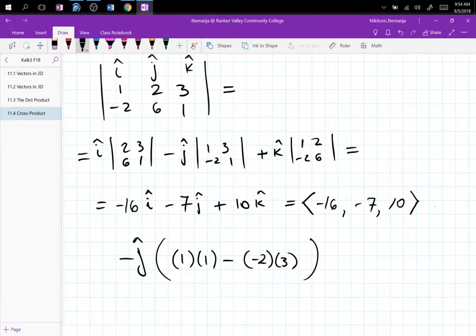And then the last one, we have 6 plus 4 is 10. I'm getting 18 for the last one.